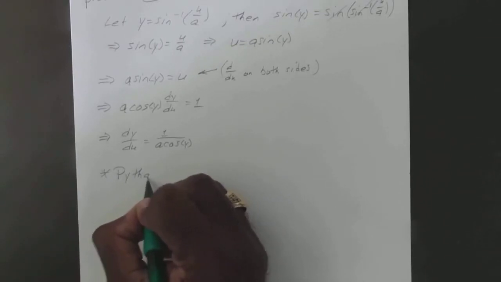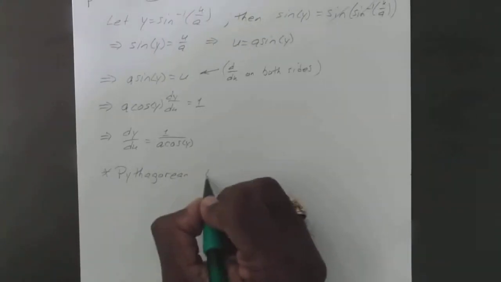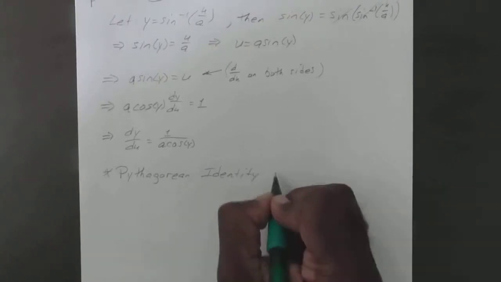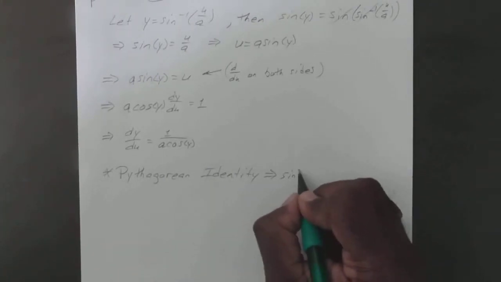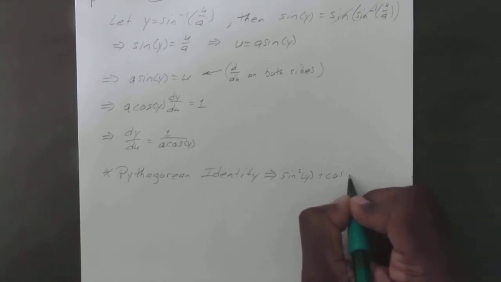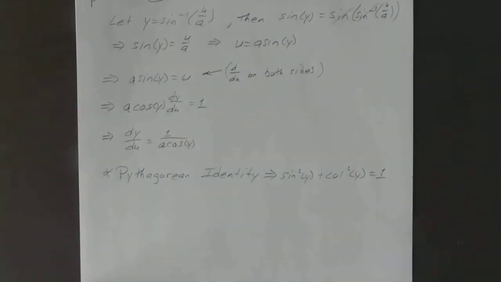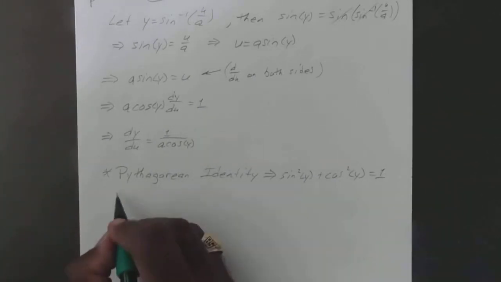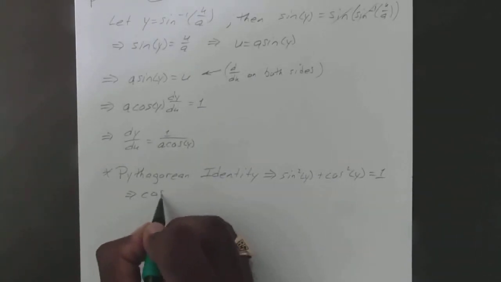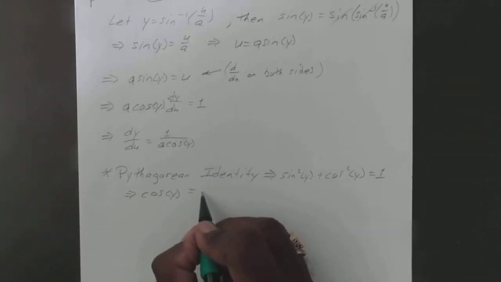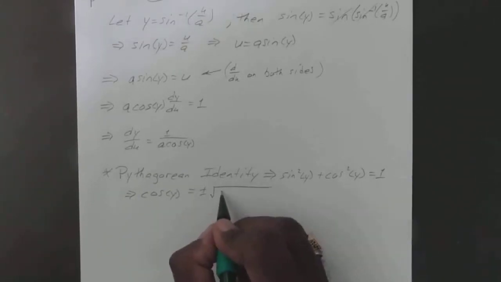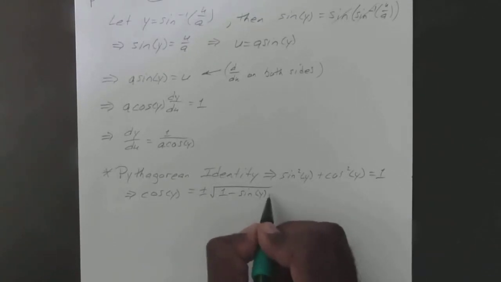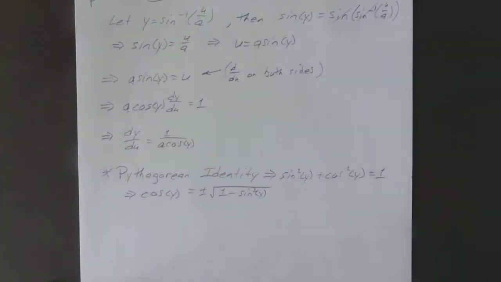Now we know the Pythagorean identity, which we've used a million times before, hopefully: sine squared plus cosine squared equals 1. If we just subtract sine squared from both sides, cosine of y is equal to positive or negative the square root of 1 minus sine squared y.